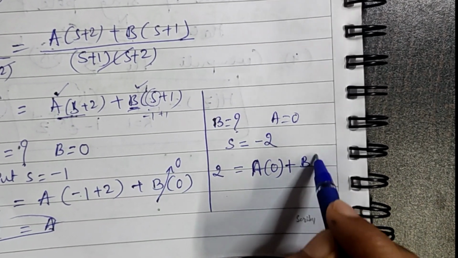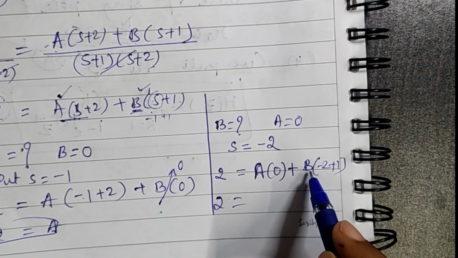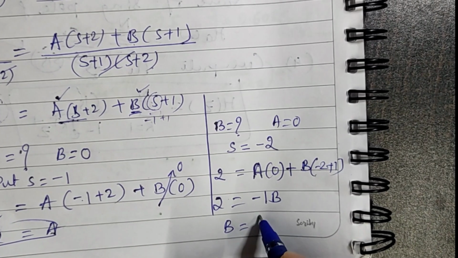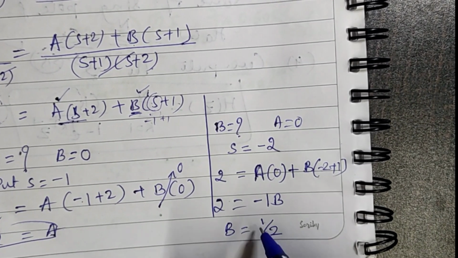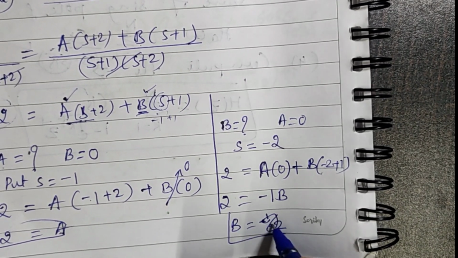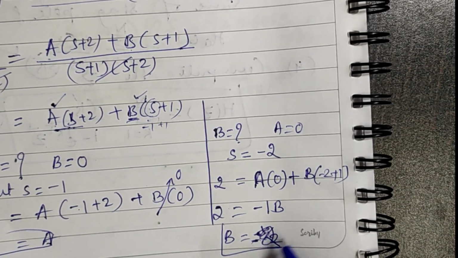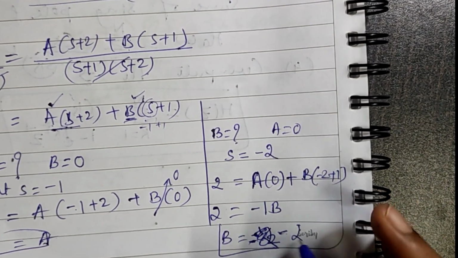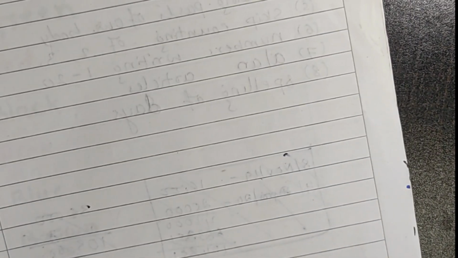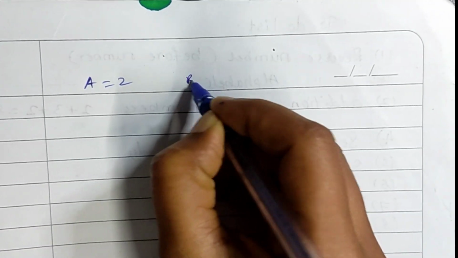Next, plus B of (minus 2 plus 1), so 2 equals minus 1 of B. Sorry, B's value becomes minus 2. I'm sorry. So A is equal to 2 and B is equal to minus 2.